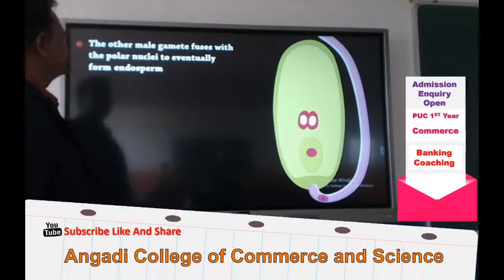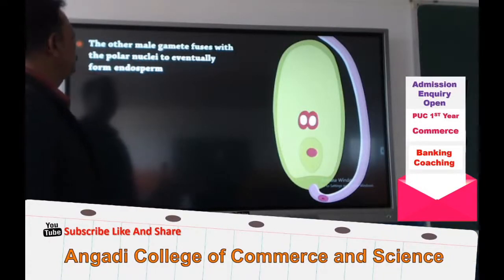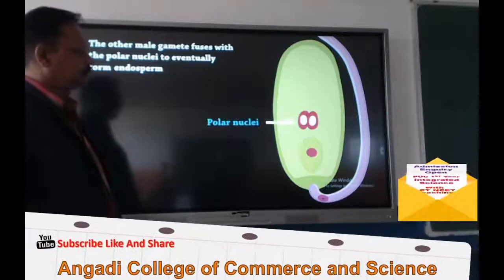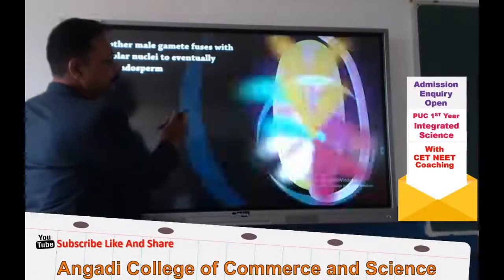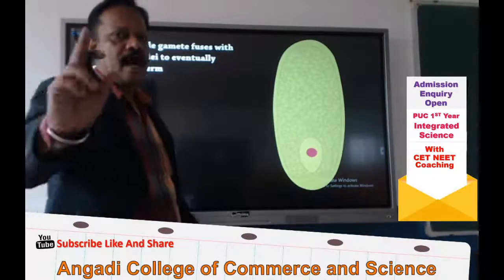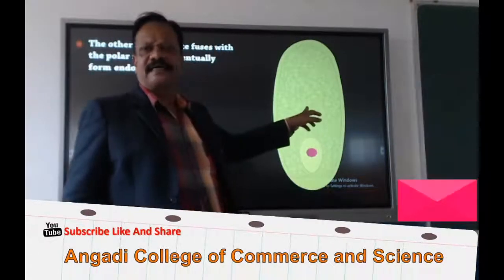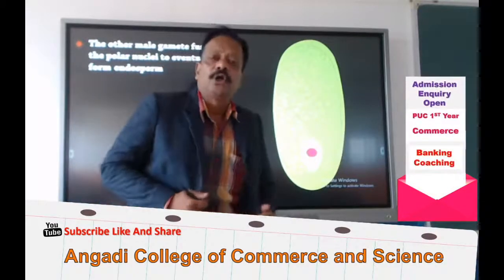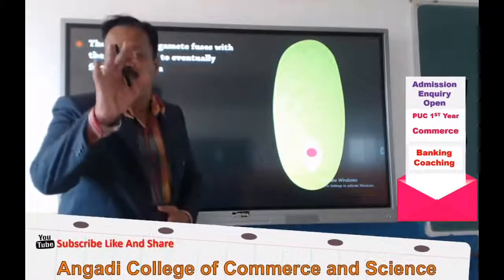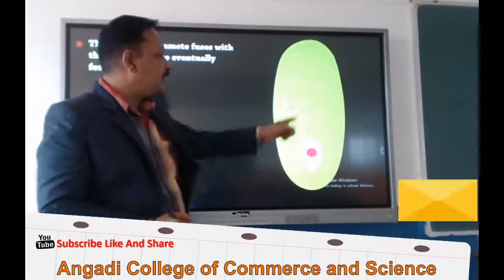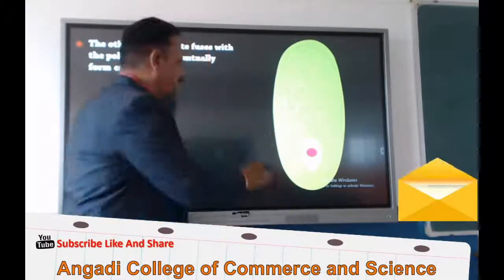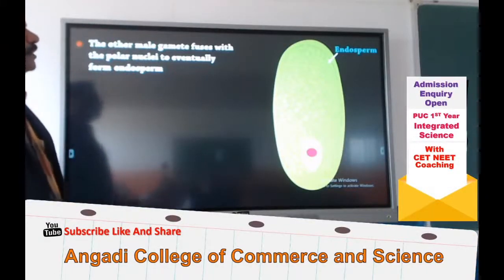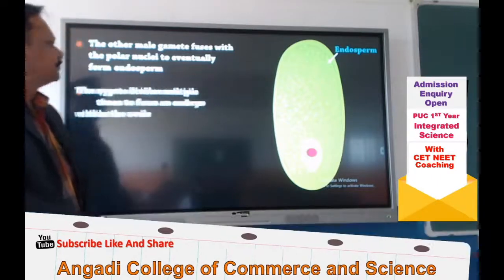The other male gamete fuses with the polar nuclei to eventually form the endosperm. The second fertilization takes place there, so we call it double fertilization. You observe the endosperm formation there.